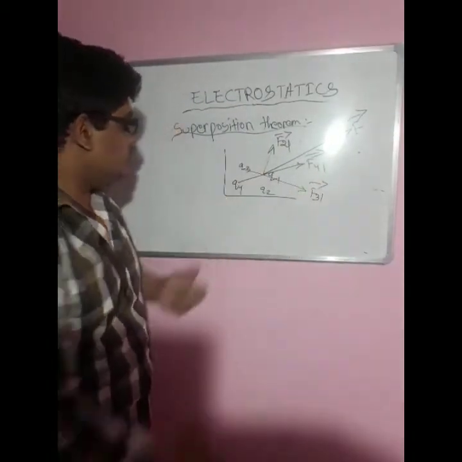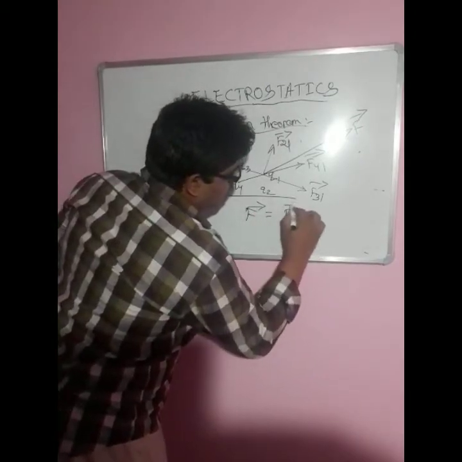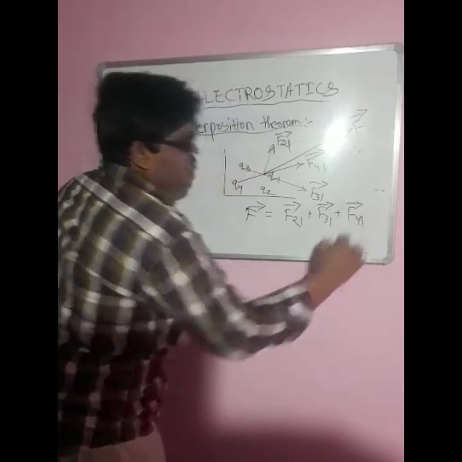It says F vector is equal to F21 vector plus F31 vector plus F41 vector.